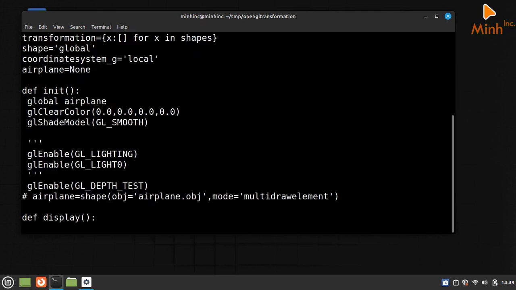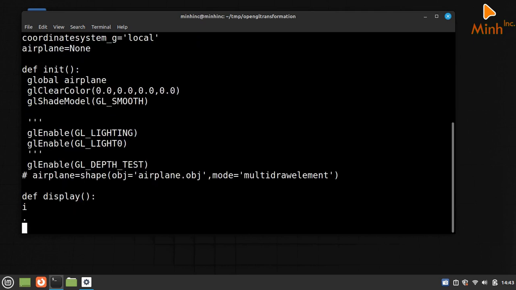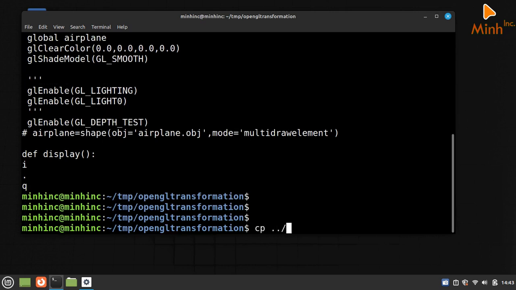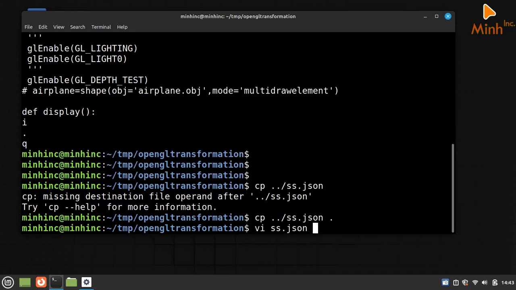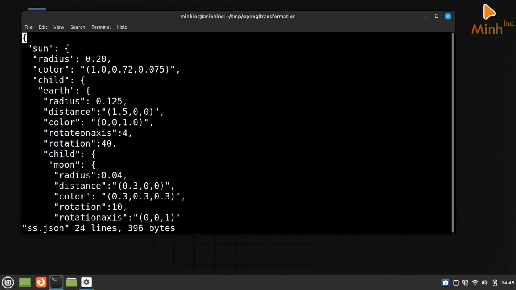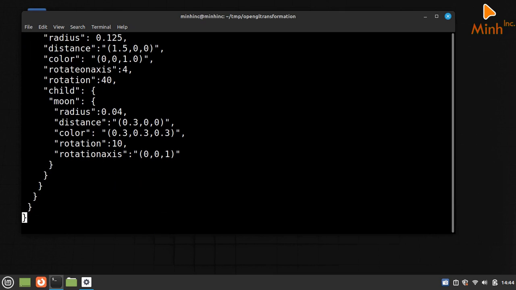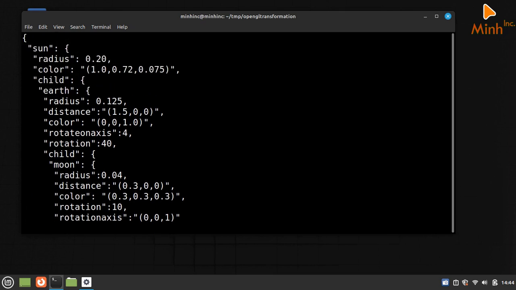So before we introduce it, I have a file called ss.json, and it talks about the dimensions, or you can say the geography or architecture or layout of the solar system. So sun has radius, color, and it has child as earth, and earth has child as moon, and all the features. So we will read this file, and after reading this we'll draw this. So that is the idea.